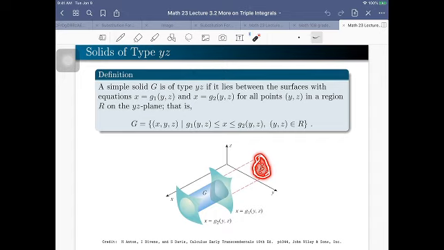And for all yz on R, you can define the floor and the ceiling of the solid by one function. So here, the floor would be g1 of yz, and the ceiling would be g2 of yz. So this is a solid of type yz.